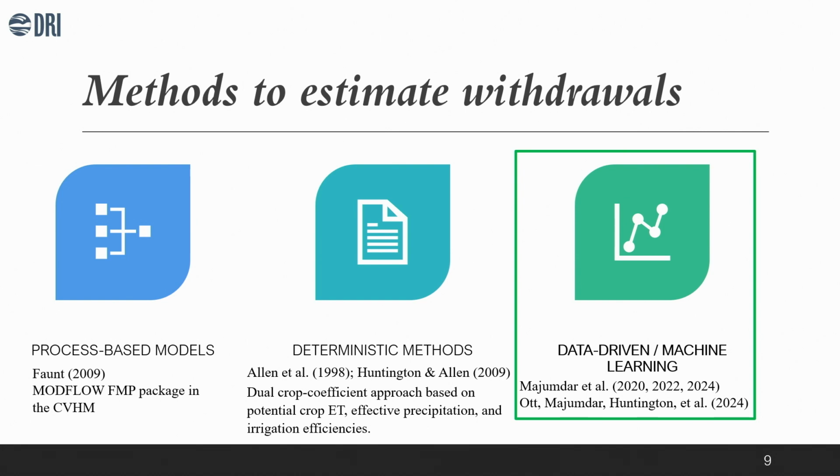This is the same approach as in the FAO-56 by Rick Allen and Justin. And then recently there have been a lot of studies showing data-driven approaches, particularly with the increasing amounts of remote sensing data and also other hydroclimate data availability.